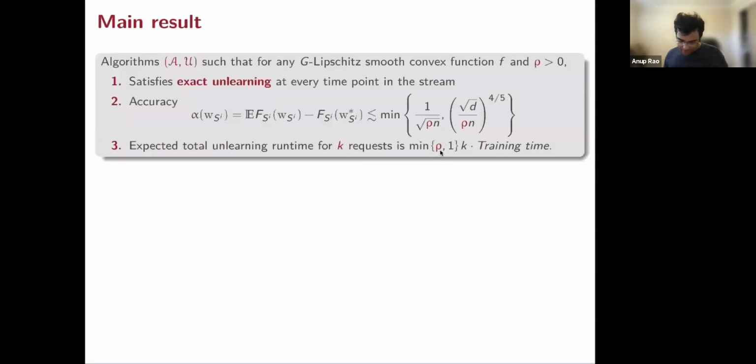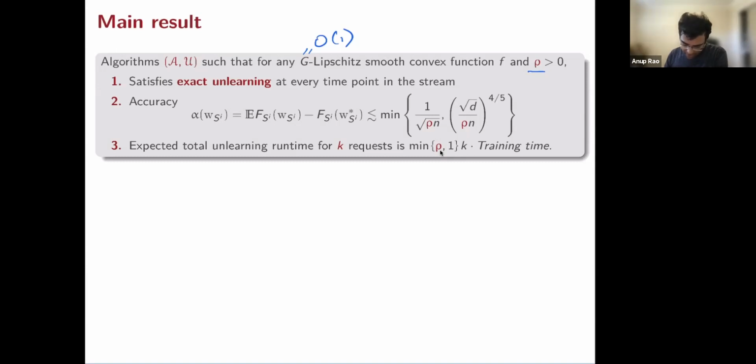So here is our main result. For the ERM problem, say we have a Lipschitz convex smooth function, for any parameter rho that is positive, we get the following guarantees for our learning and unlearning algorithm.